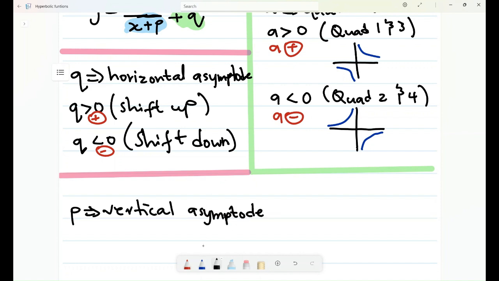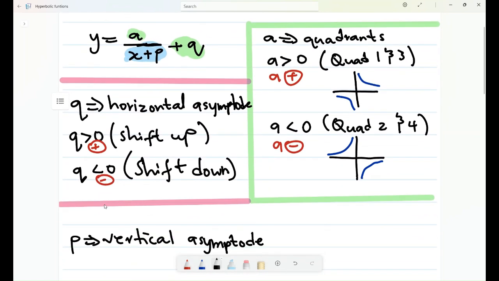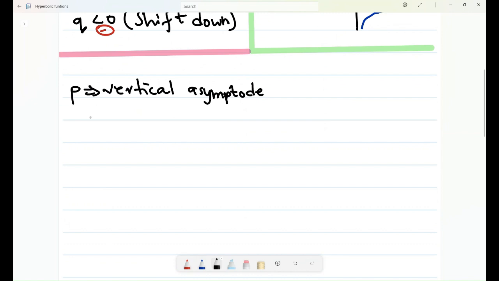Now, if it is our vertical asymptote, listen attentively. If the value of P is greater than 0, it's going to shift to the left.